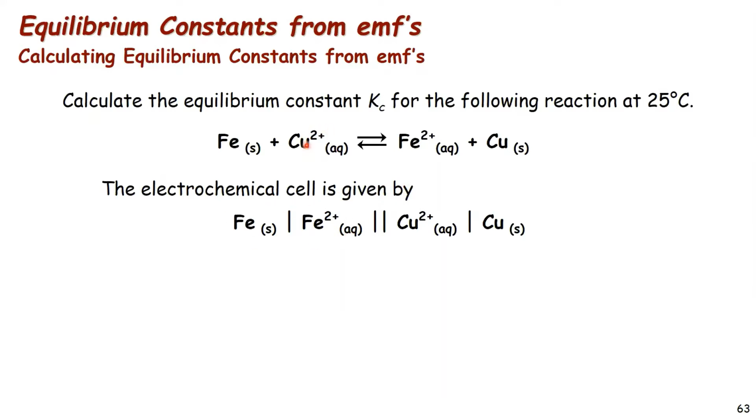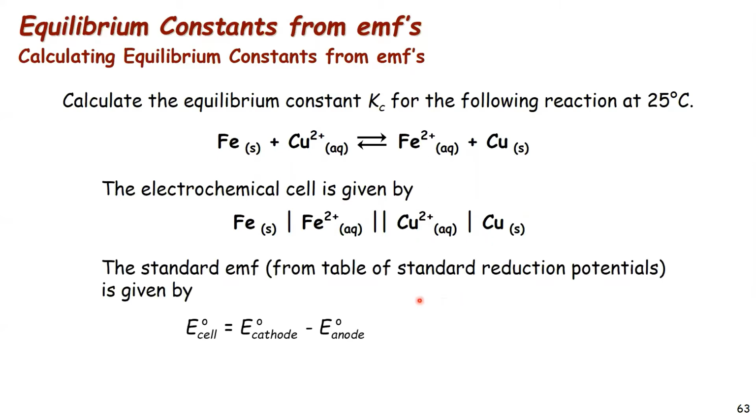The copper goes from copper 2 plus to copper 0. It was reduced, therefore it's the cathode, and the shorthand form of that half reaction would look like this. To determine the E cell, we take the cathode reduction potential minus the reduction potential of the anode.